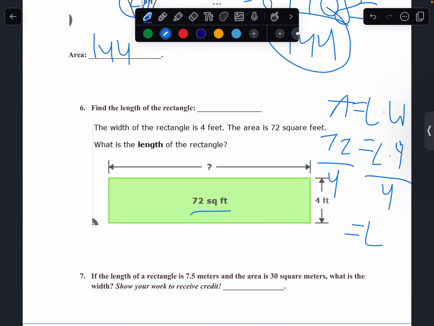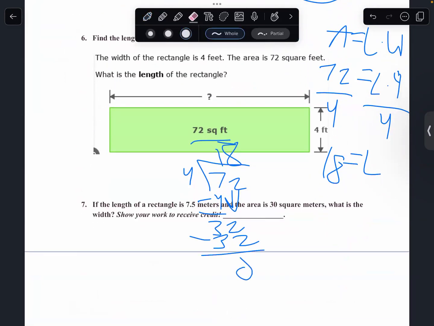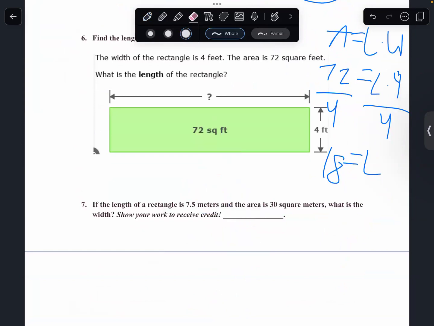So then the length equals 4 into 72, which gives us 18. So 4 times 1 is 4. And 8, 32, and 0. So that means the length of this rectangle is 18 feet.